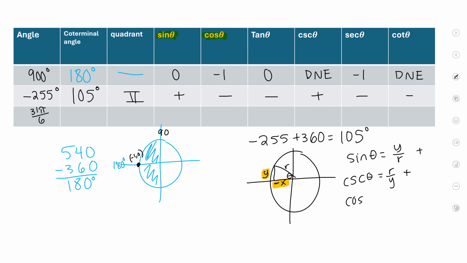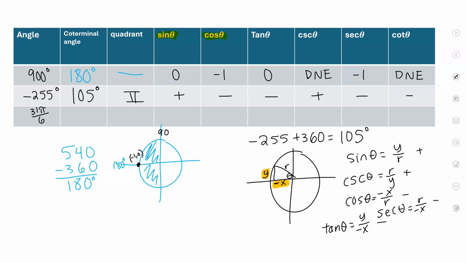Your cosine, however, is negative x over the radius. That's negative. That means secant will also be negative because that's r over negative x. That's negative. Tangent of theta is y over a negative x, that's negative. And that means cotangent will be negative.